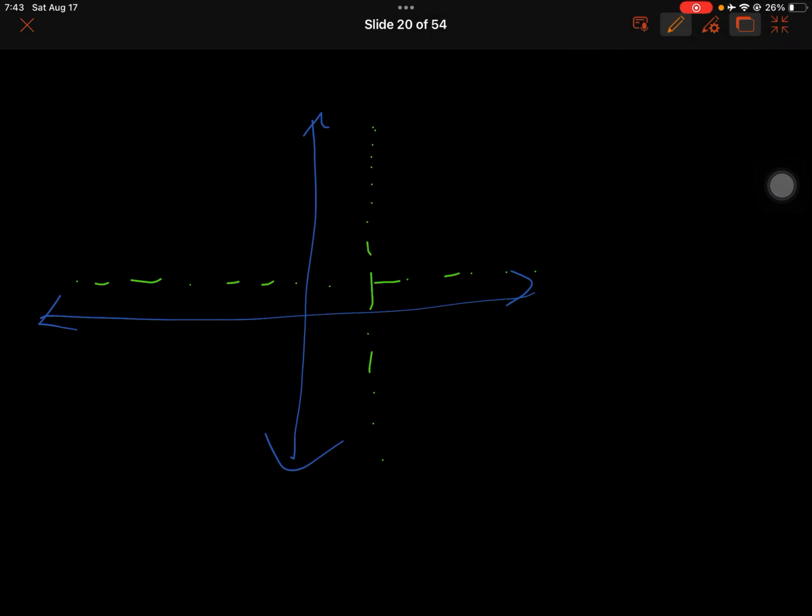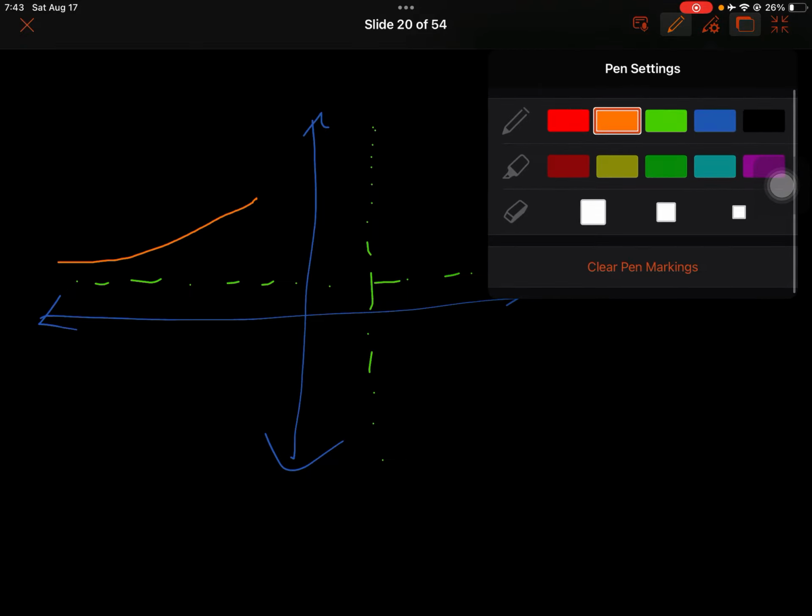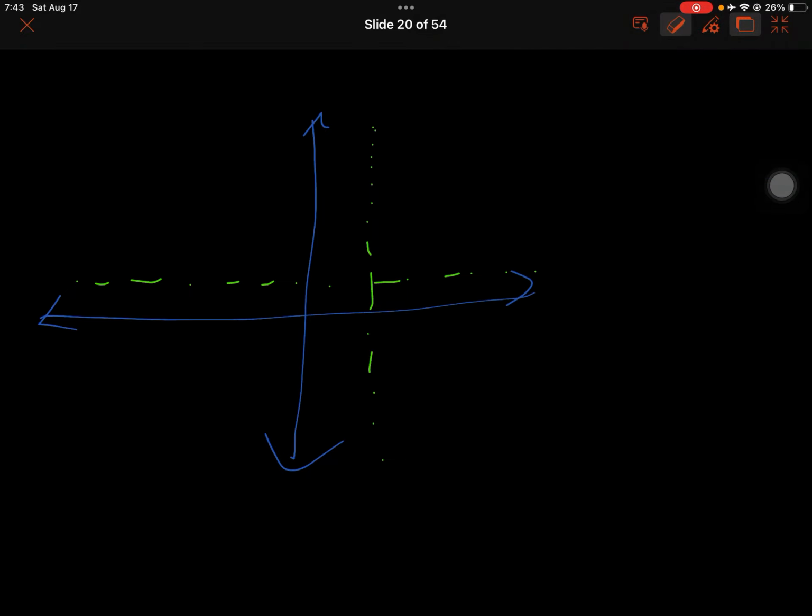Let's use another color. Okay, there. And then this one here. So this is an example of a rational function.